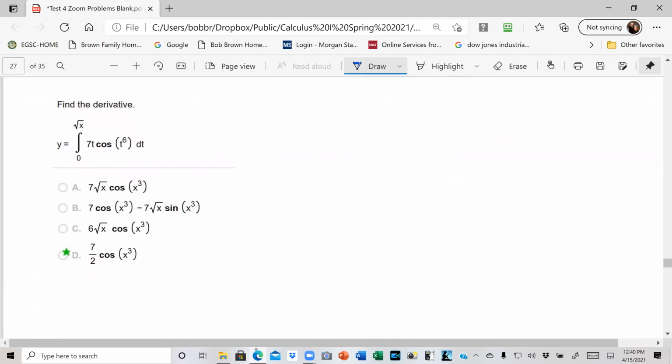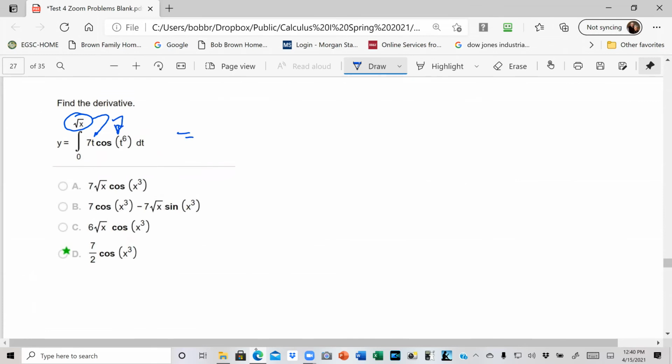Now we have another one where we want to take the derivative of an integral, except the upper limit is not plain old x, it's the square root of x, it's a function. So what we need to do is plug the square root of x everywhere we see a t, but not stop there.